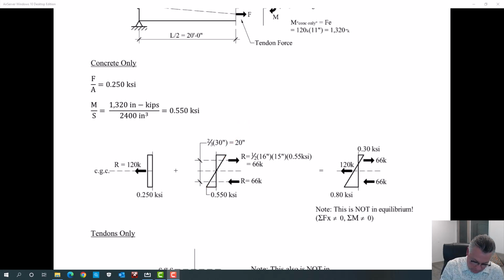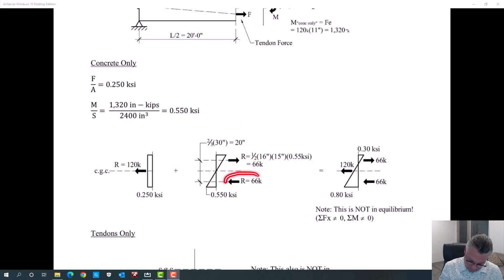So that stress was generated by a force of 120 kips. So I can take this stress triangle, 1/2 the 16-inch width times the 15-inch depth of the beam times that 0.55, and get a force of 66 kips.